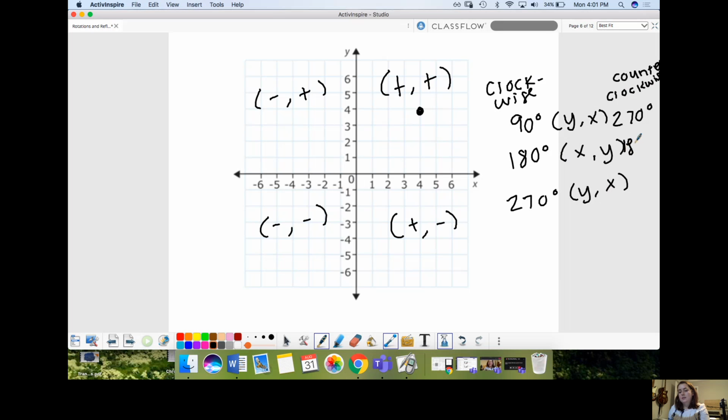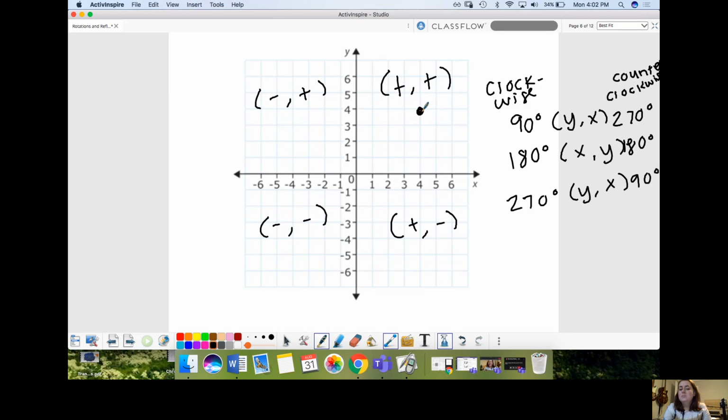We're going 180, it doesn't matter which order you go in, if you go clockwise or counterclockwise. And then if you're going 270 degrees clockwise, that's the same as doing 90 degrees counterclockwise. And so those are the three types of transformations. But let's think about what's going to happen to our signs.